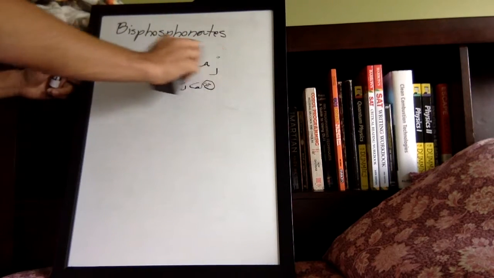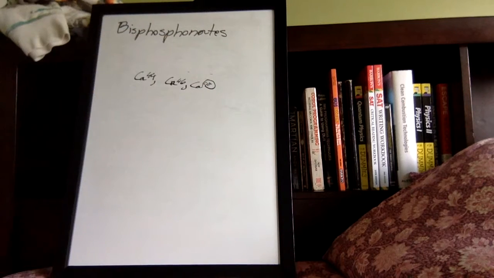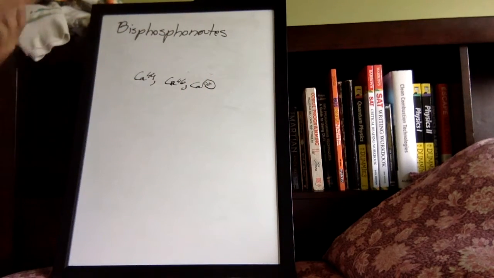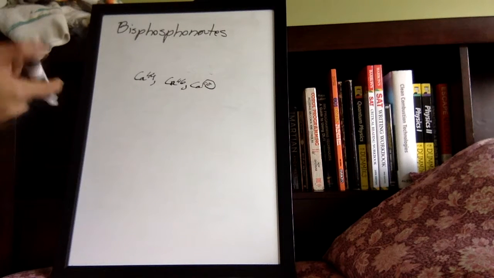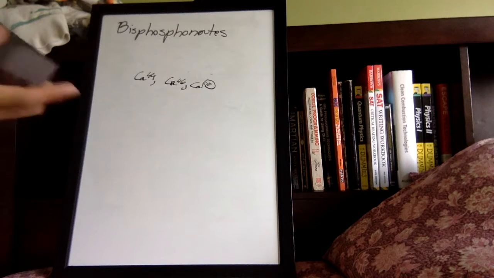This can be tracked by measuring the amount of those isotopes in urinary calcium.